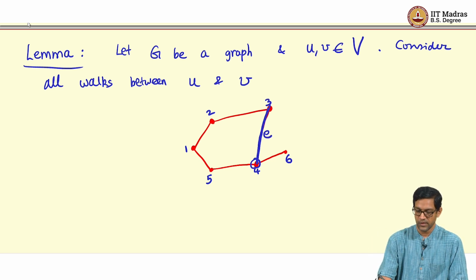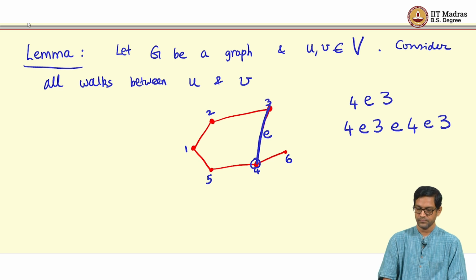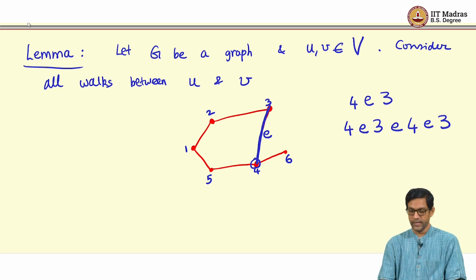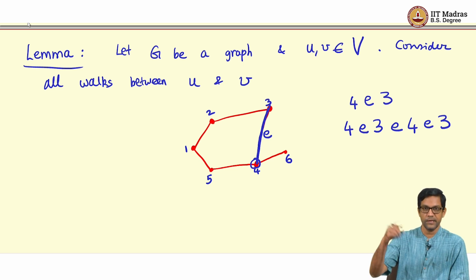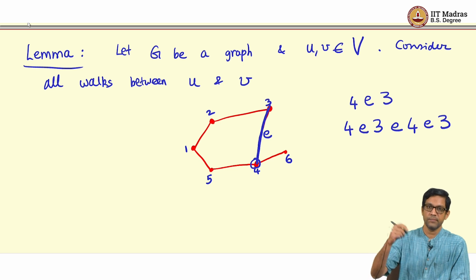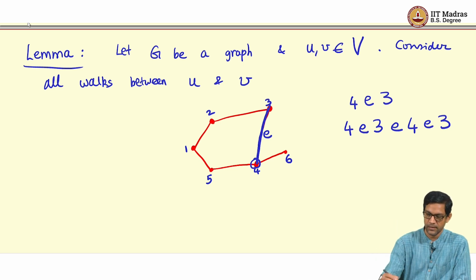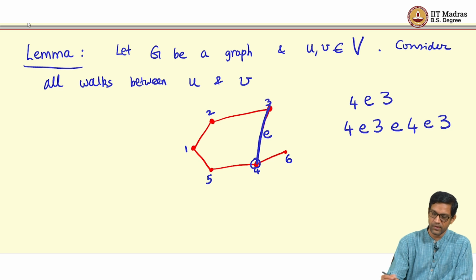So, if I call this edge E, then I start at 4 and go along this edge to 3. This is one walk. Or I start at vertex 4, go along the edge to 3, go back along the edge to 4 and come back along that edge to 3. So, here is another walk from 4 to 3 and so on. I can keep oscillating back and forth and keep reaching 3 in very many ways. So, the number of walks between u and v will usually be an infinite set.